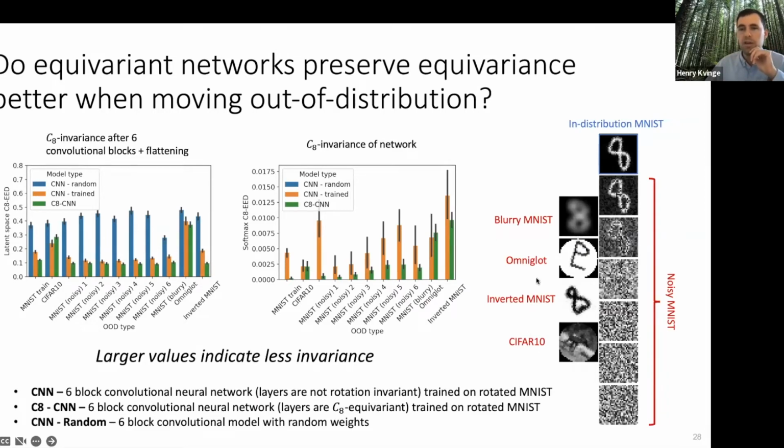Either we corrupted the image itself, or we chose some other data set that was maybe similar to digit images, maybe not in the case of CIFAR, and looked to see whether the learned invariance generalized out of that distribution. Again, here lower values are better, and what we see is that in general the C8 CNN did better.